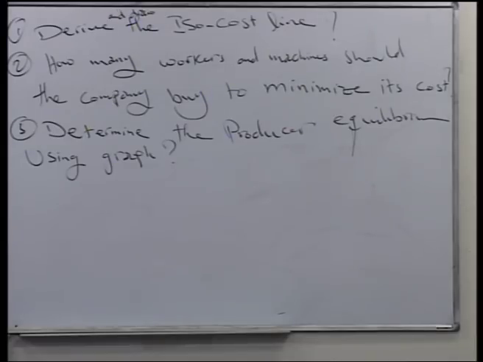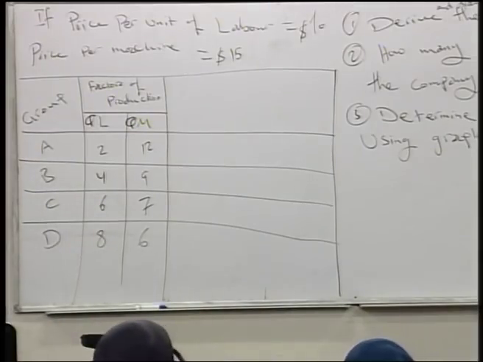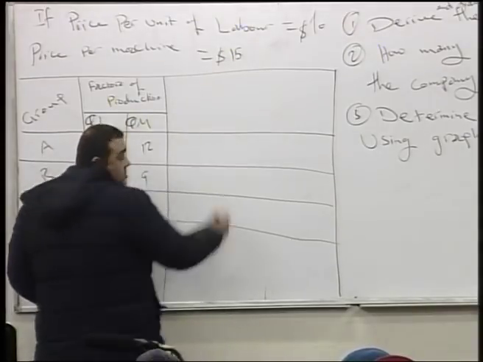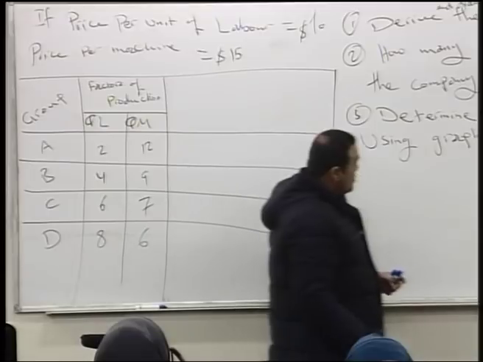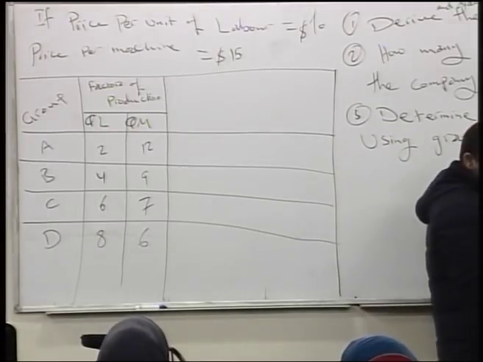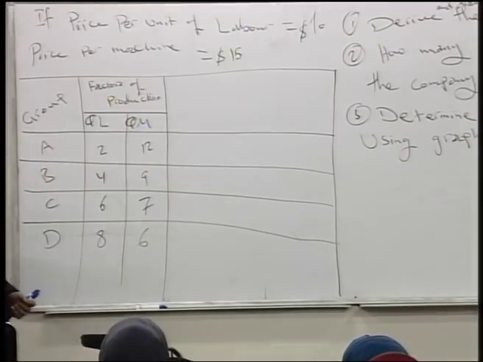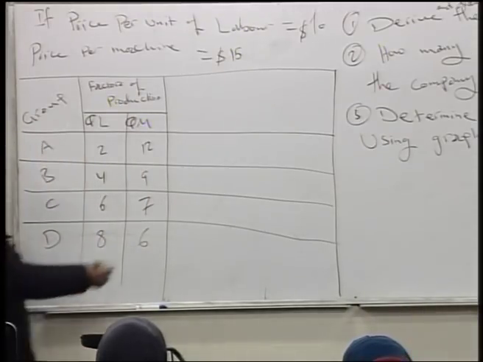We have the quantity of L and the quantity of M, and we have three columns, right? Producer equilibrium using graph.